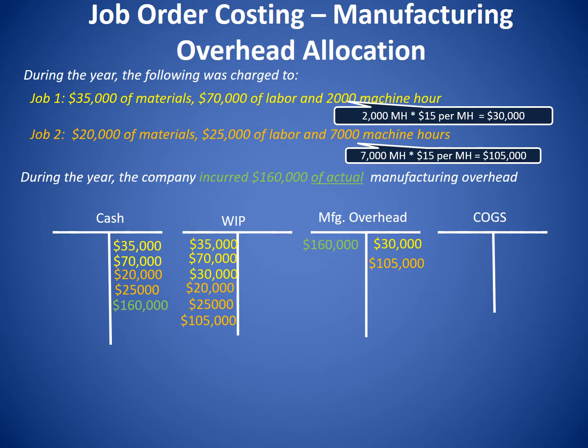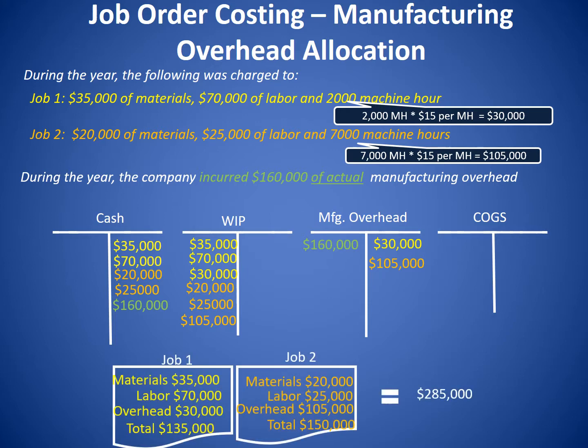Now, if I take a look at my manufacturing overhead account, the left side, or the debit side, shows that I've actually incurred $160,000. The amount of overhead that I've allocated, on the other hand, to my work in process, if I total that up, is $135,000. So you can see there's a difference.